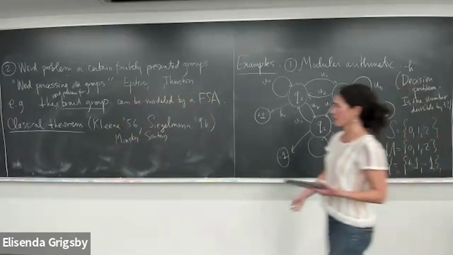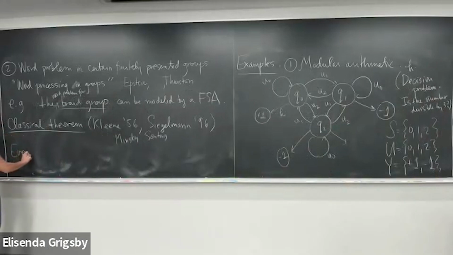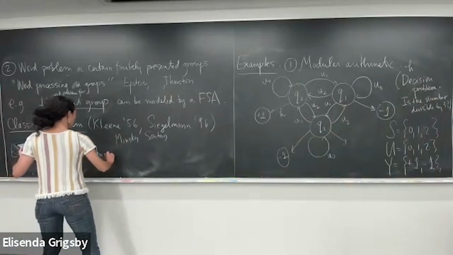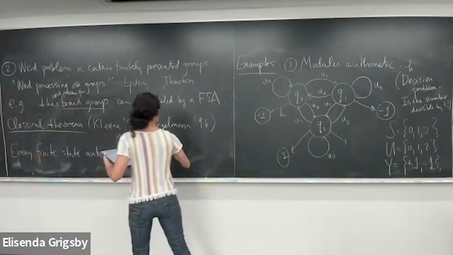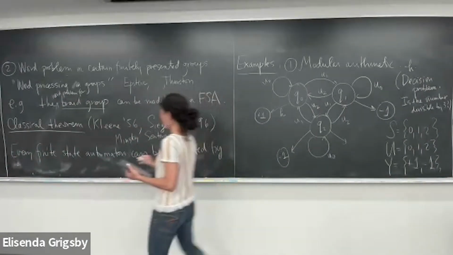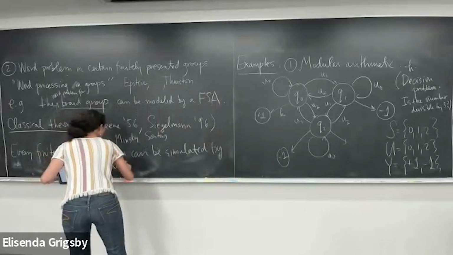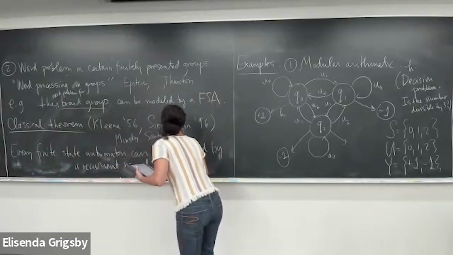So the classical theorem is that every finite state automaton can be simulated by a recurrent neural network. And this means kind of exactly what you think it might mean.